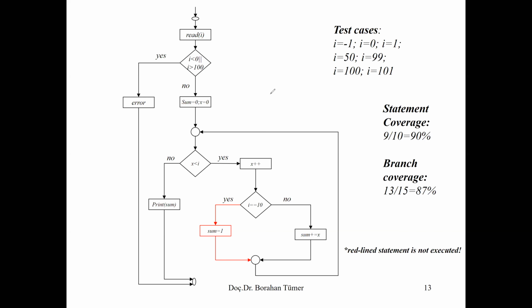The question is, what test case should I add to the black box test cases here so that I get a full statement coverage criterion and a full branch coverage criterion?